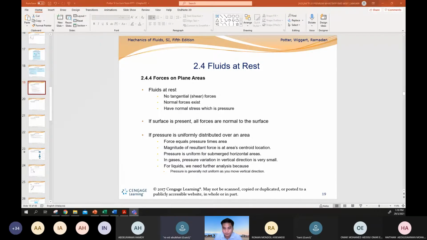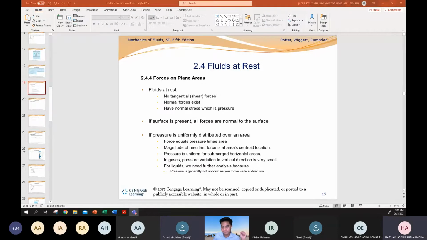Okay, correct. So first we learned about the pressure measurement devices, which consist of two, which is the barometer that measures the atmospheric pressure using mercury. Why is mercury used as the fluid medium inside the barometer? Because of its high density and low vapor pressure, compared to water.